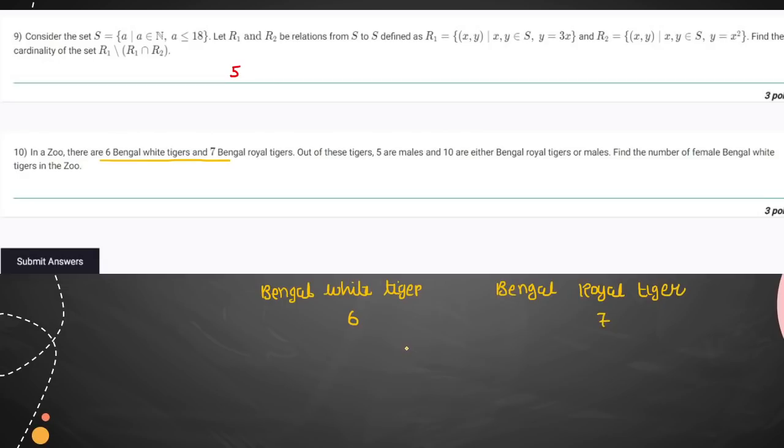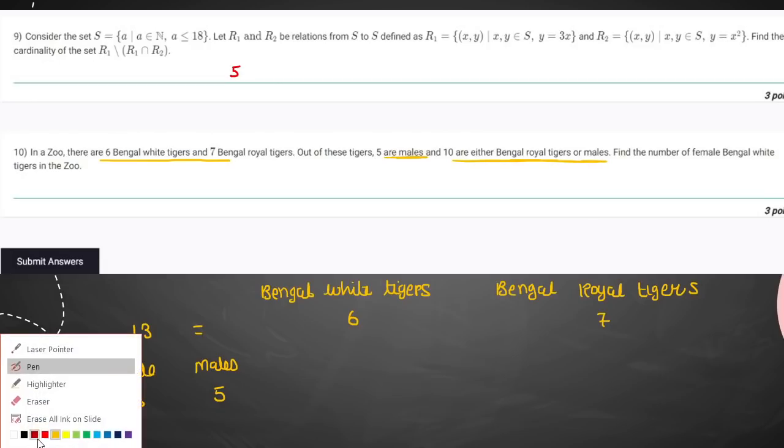Out of these 13 tigers, 5 are males, so males are 5 and females will be 8, because there are 13 tigers. Out of these tigers 5 are males, and 10 are either Bengal royal tigers or males.